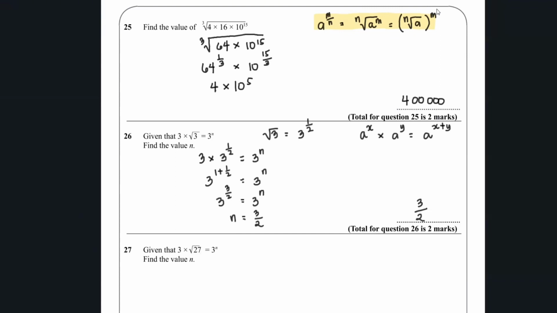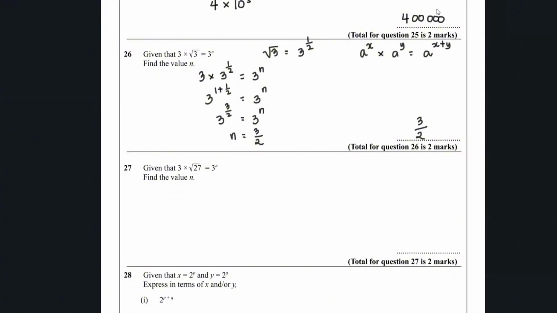Did you get it? Okay, for the third one, we are simply applying the same thing. So 3 times, but this time, we have a different base, which is 27, to the power of a half, is equal to 3 to the power of n. Now, our rules apply only if we have the same base, right?